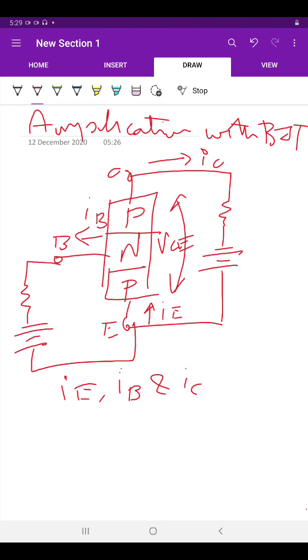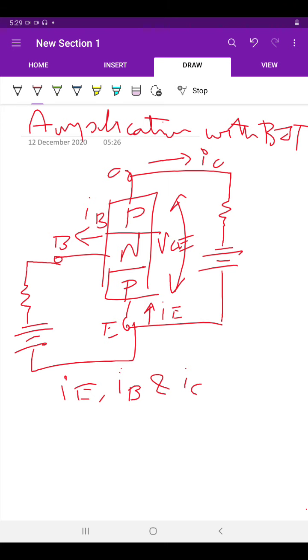This collector current IC is entirely made up of the holes which are injected at the emitter terminal, which are not lost in recombination in the base terminal. So we know that when we inject the holes into the emitter terminal, most of them get recombined in the base terminal, and very few holes pass on to the collector terminal. Now let us consider the case where they are not lost to recombination.